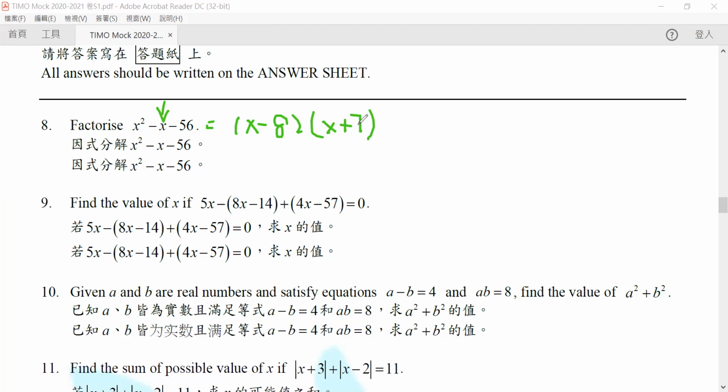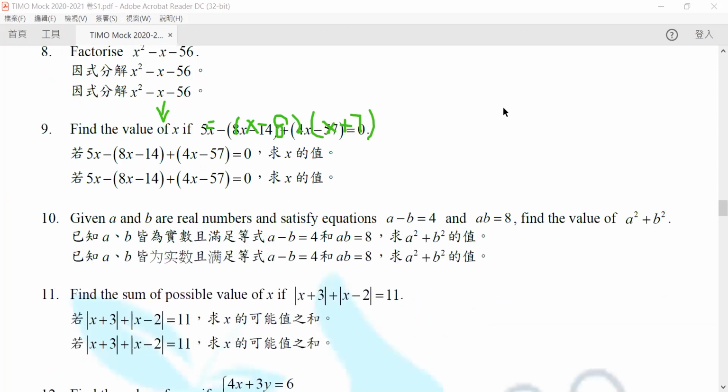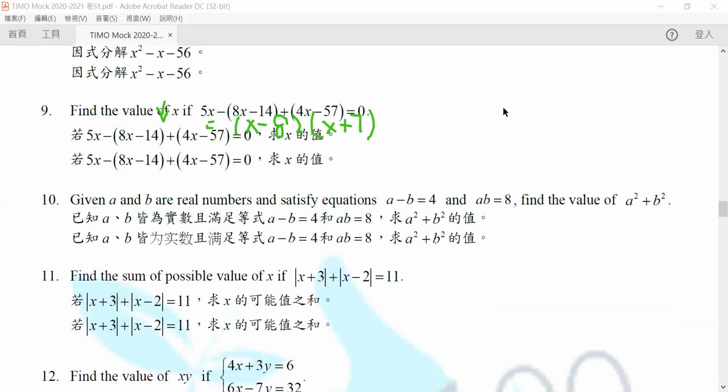All right. Now we go to our next question, which is question 9. Find the value of x if this is true. We can simply delete the parentheses, right?